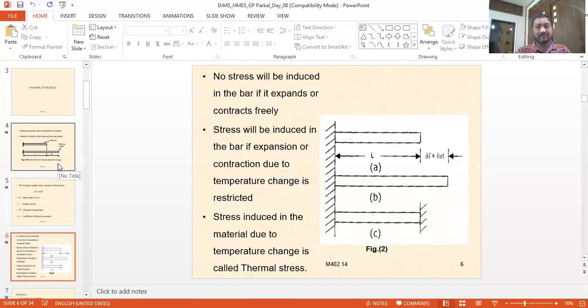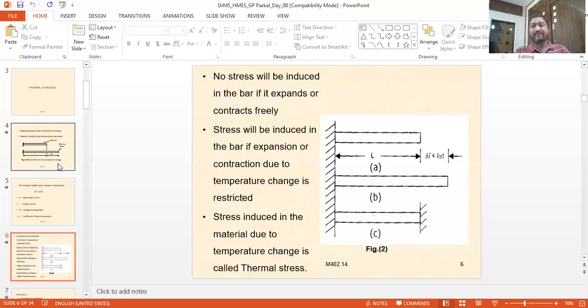So we must know that whenever a body is allowed freely to expand or contract due to the change in temperature, no stress will be developed.